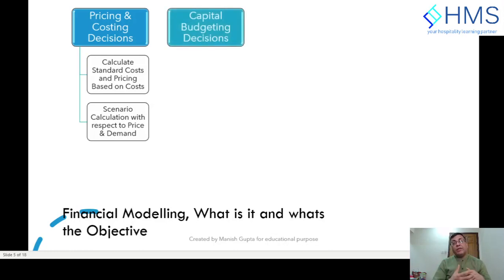Then, beyond pricing decisions, in capital budgeting decisions, financial modeling usually helps in evaluating whether we should buy the equipment or rent it. By renting, you may not need to pay the initial capital investment, but you may need to pay a lot of operating expenses.